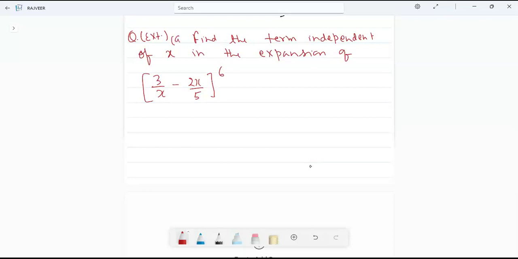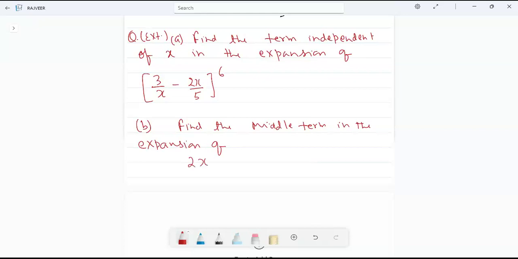B part. Find the middle term in the expansion of 2x plus 3 over x, to the power 10.